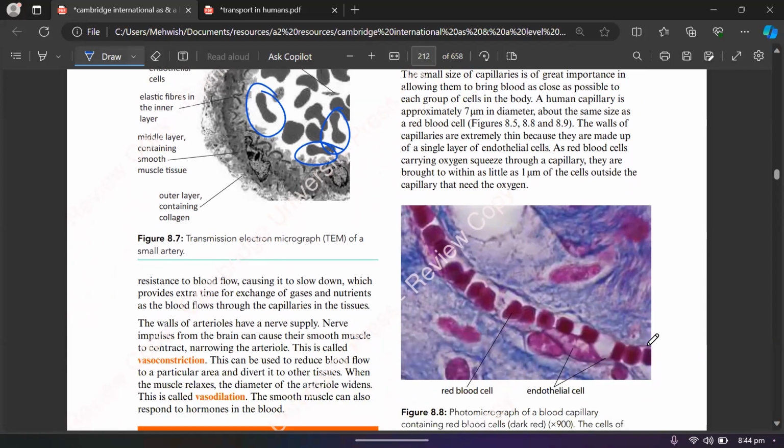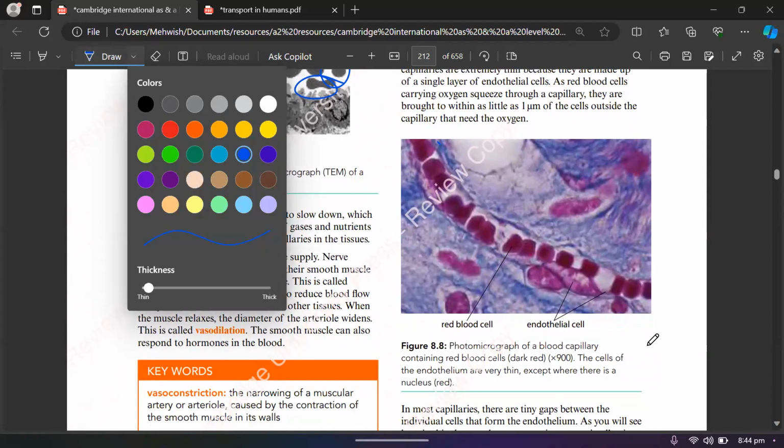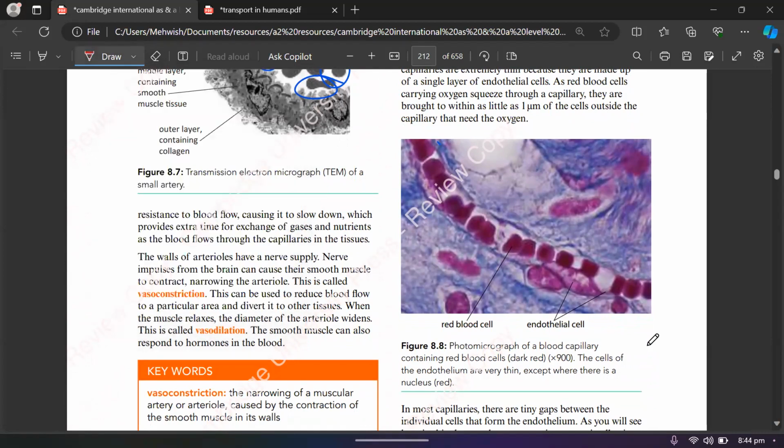And in this photomicrograph, you can see the blood capillary. Let me change the shade of my pen so that it becomes visible for you. So this is a capillary, right? And inside it, these cells are called red blood cells, and they are passing in one line. Why?